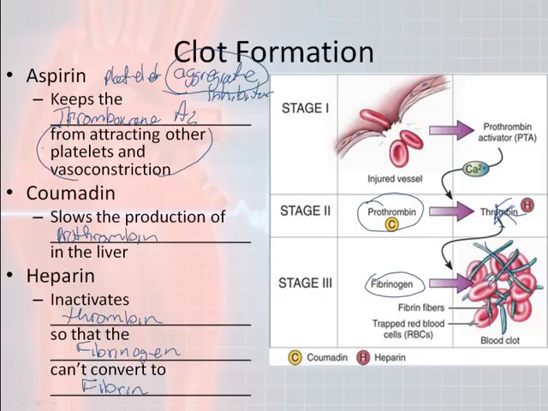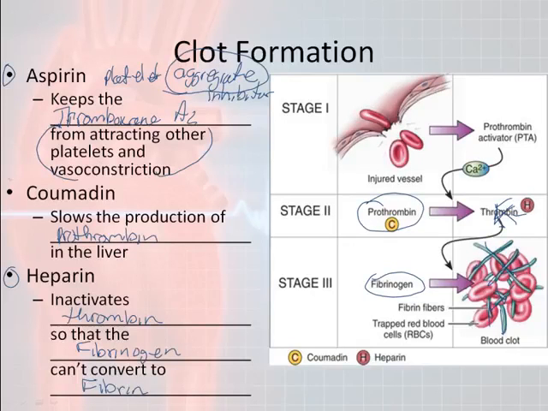Of the Coumadin, aspirin, and heparin, which one of these are most commonly administered in an emergency situation, for example, as pre-hospital paramedic medicine or in an emergency room? Heparin and aspirin. Those are kind of short-acting. They can be administered, and they don't have to wait very long to start causing their effect.